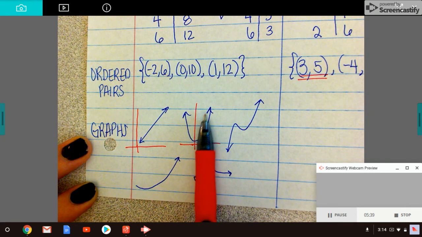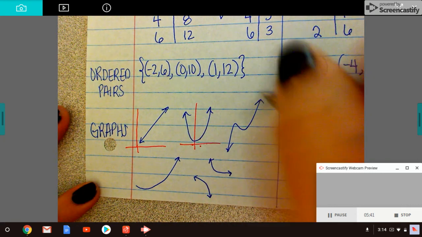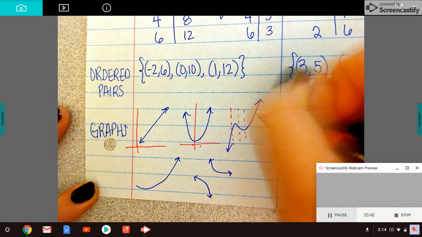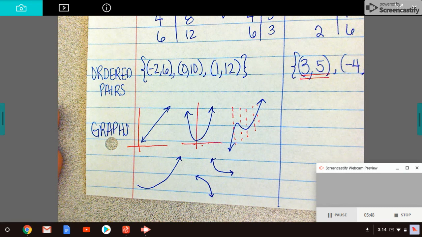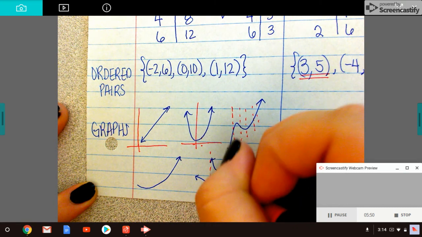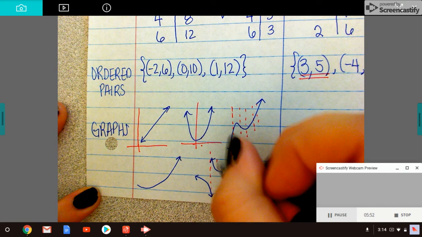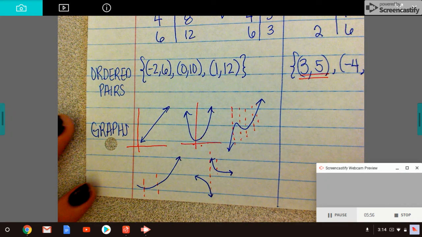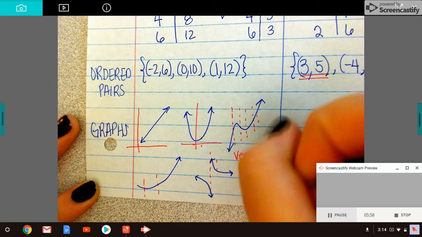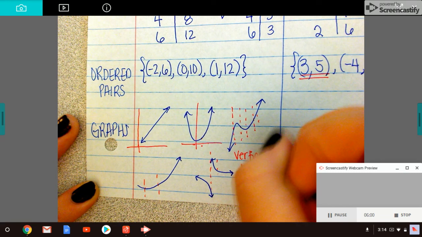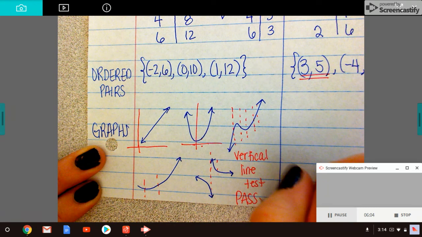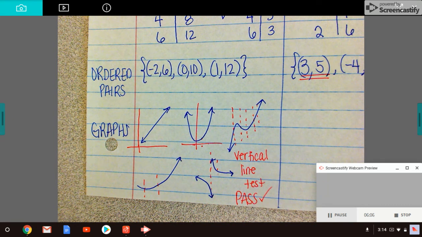So if you can think about taking a vertical line through at any point, if it only hits it once, and notice this one, it only hits it once every spot. All of these, that's the case. So in this case, we can run a vertical line test, is what it's called. And these ones all pass the vertical line test because they only pass that vertical line one time each.